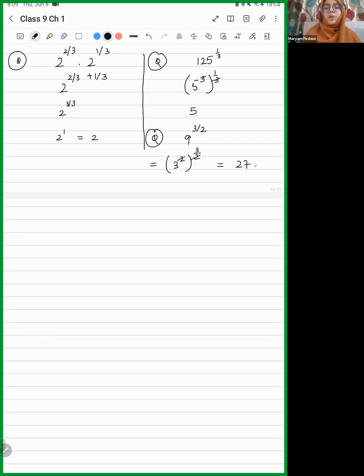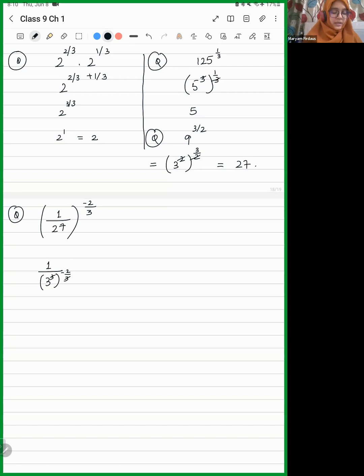27. Okay. Now let's go to a few different questions. Let's do this one first: 1 by 27 to the power minus 2 by 3. 1 by 3 raised to the power 3, to the power minus 2 by 3.